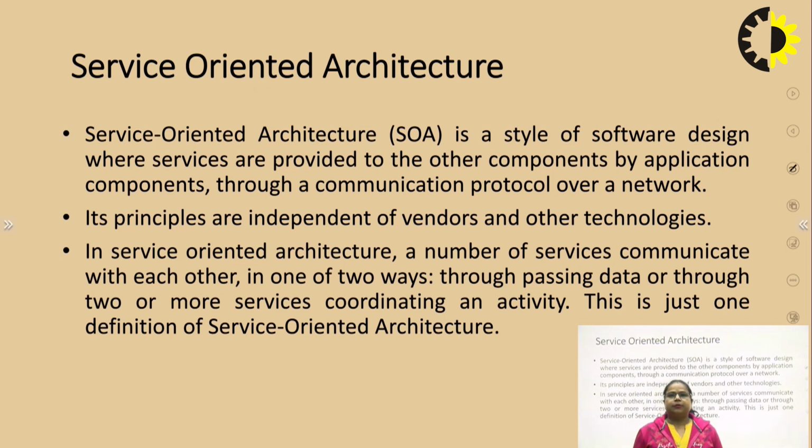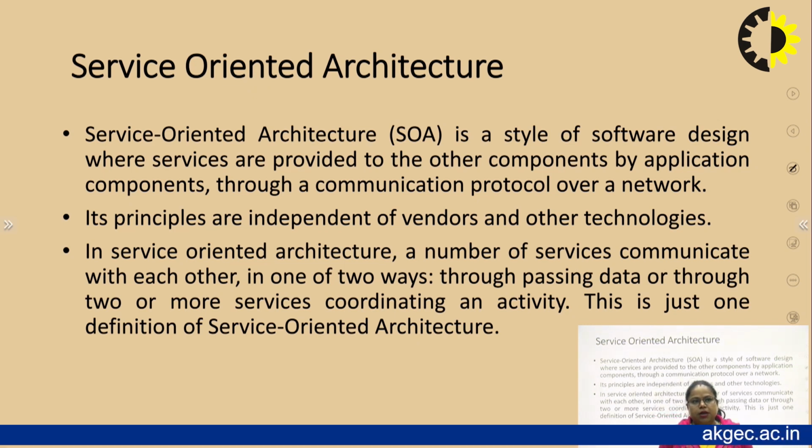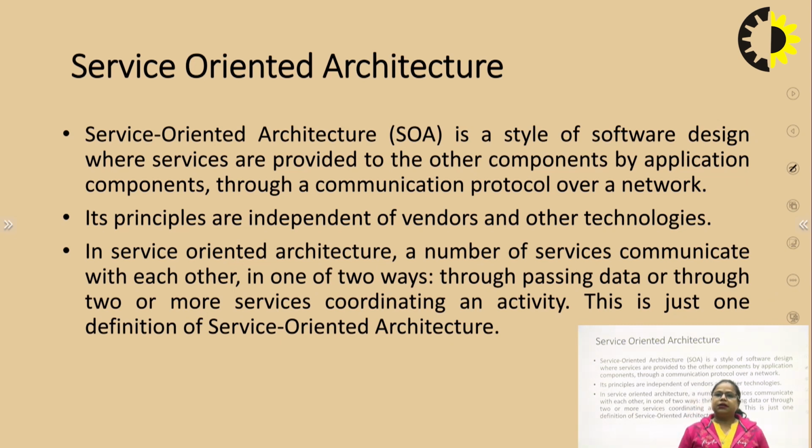Because it is a type of software design or communication protocol, its principle says that it is independent of vendors and other technologies. There is no third party concept over here. Whatever communication is done, it is done directly. No other technology is involved in service oriented architecture.